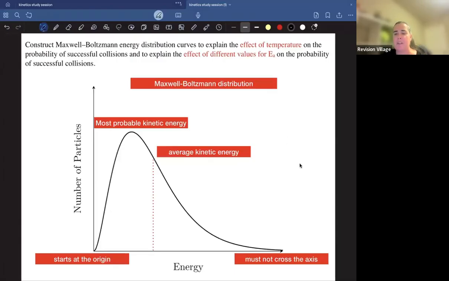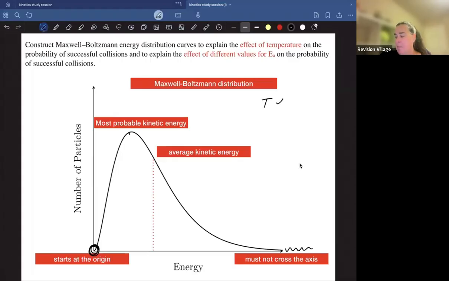In this case, it's energy on the x-axis. And the shape of the Maxwell-Boltzmann curve is such that it starts at the origin. It never crosses the x-axis. And it has a peak that's a little bit asymmetric. So the peak is just a little bit on the left-hand side of the average. So I overestimated that here probably.